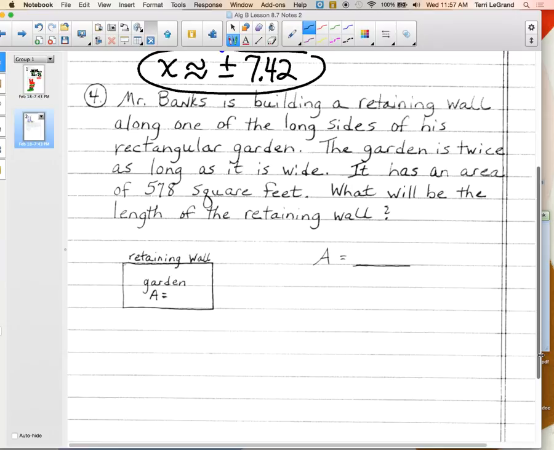It's twice as long as it is wide. Well, that might be helpful information. It has an area of 578. Let's put that in here. 578. And they also told us that it's twice as long as it is wide.